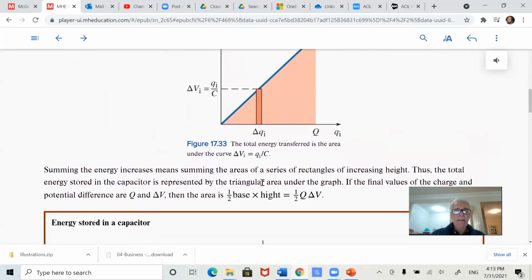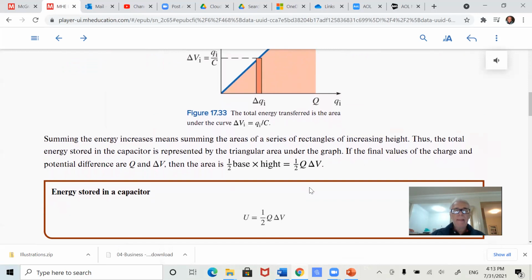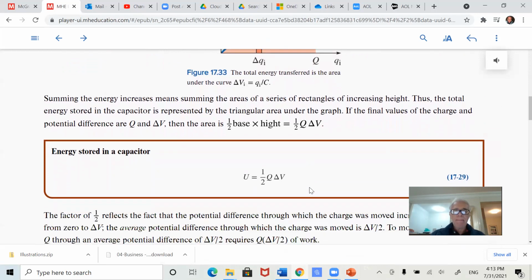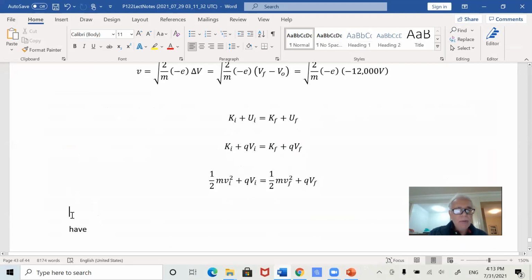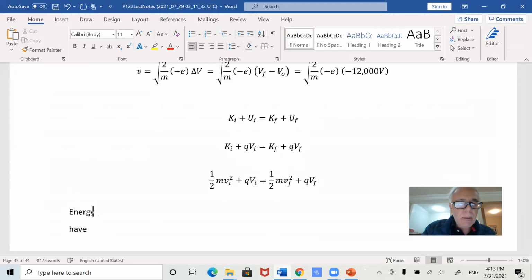Let's write that down in my notes. Here you go, energy storage in a capacitor.